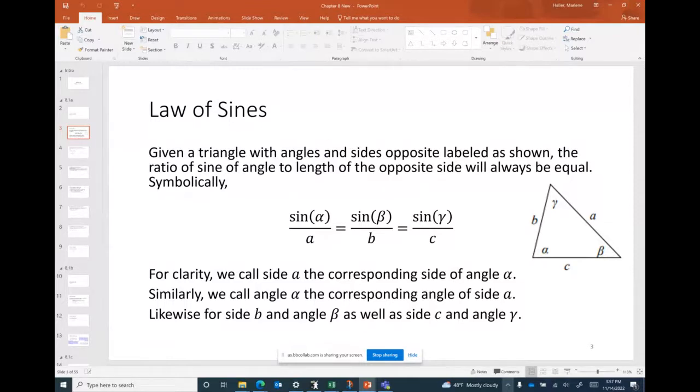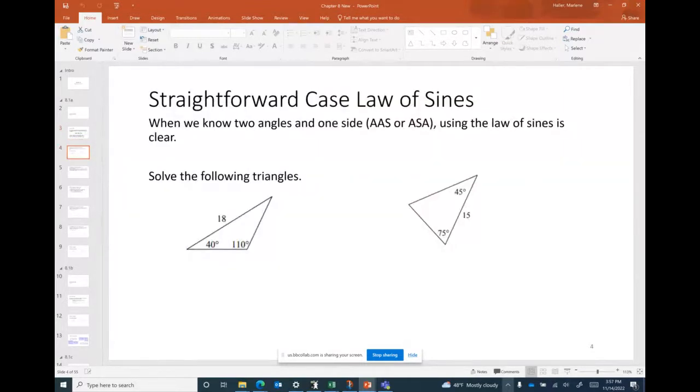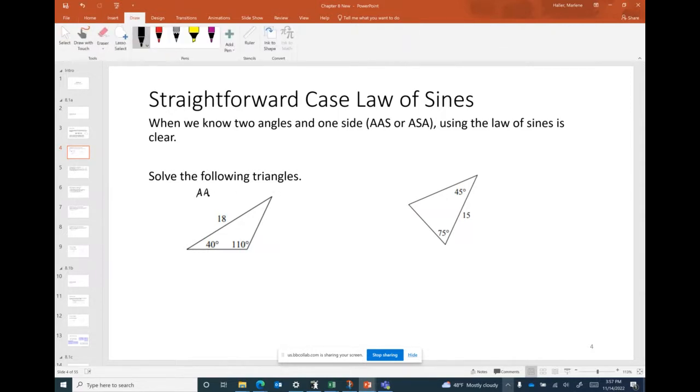All right, so let's look at an example using the law of sines. If we know two angles and one side of a triangle, using the law of sines is really straightforward. We refer to these triangles where two angles are known as an angle side triangle. That's this one here, angle side. So we would consider this an angle side triangle.